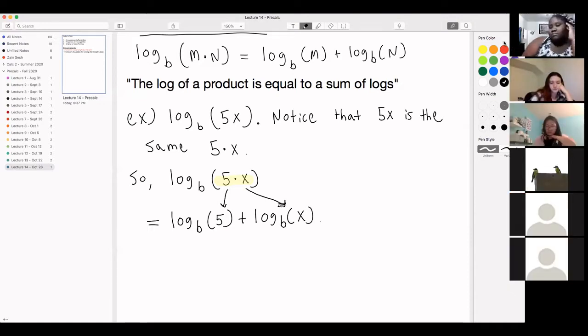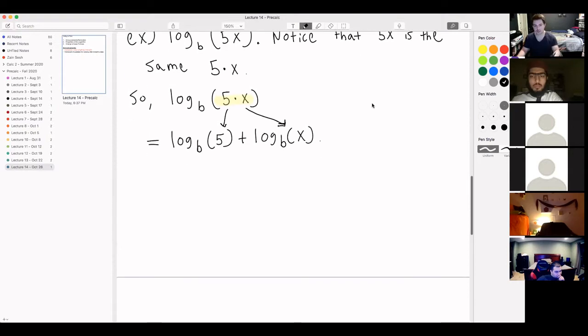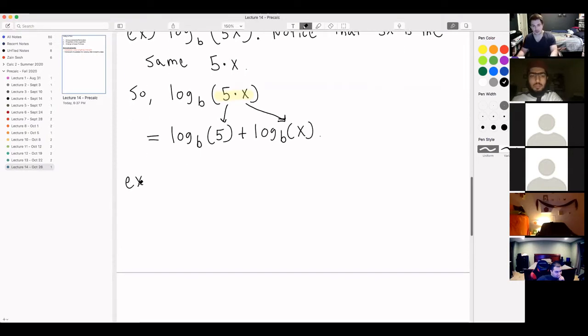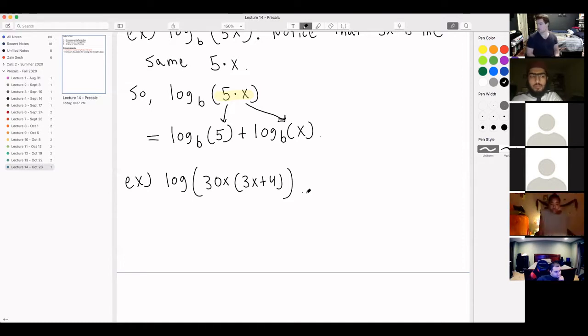All right. So we'll do another. How about this one: log of 30x multiplied by 3x plus 4? Again, we want to realize this as a product. What's being multiplied here?